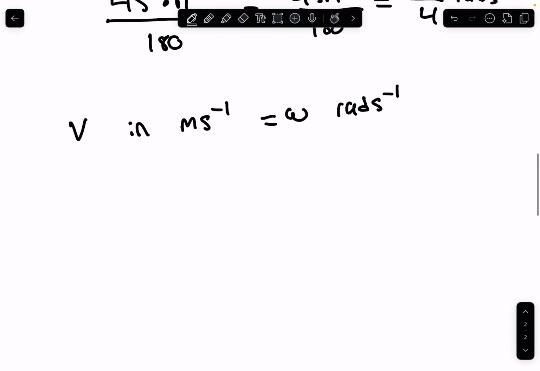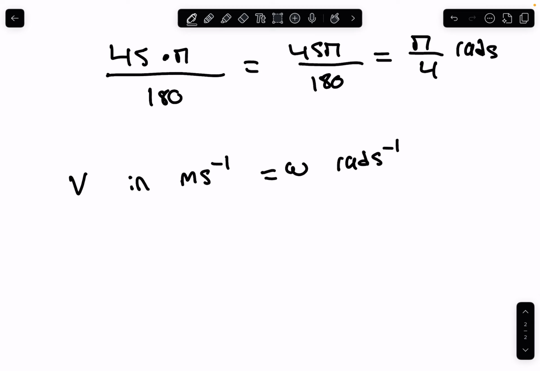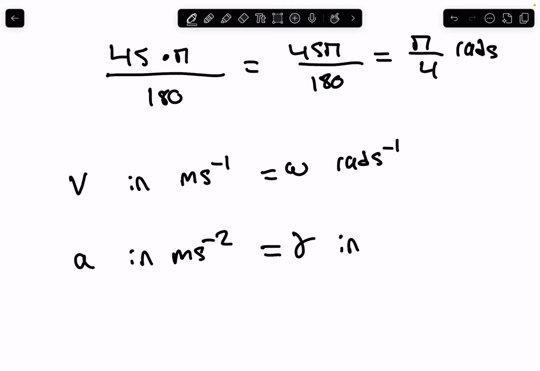Now we have the final thing, acceleration. Denoted by a in normal mechanics, it is in meters per second squared. In rotational mechanics, it's known as angular acceleration, denoted by alpha, and it is in radians per second squared.